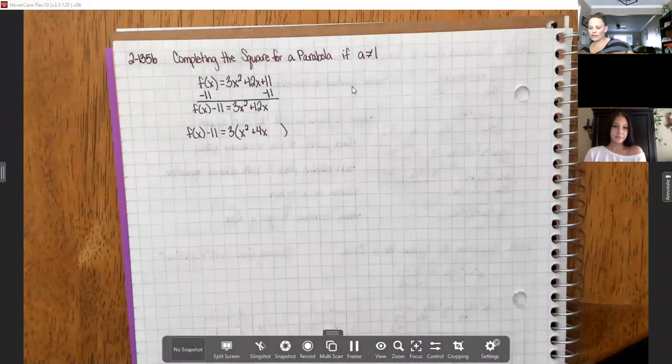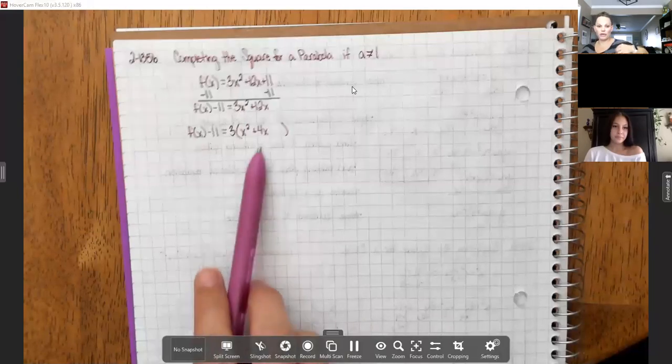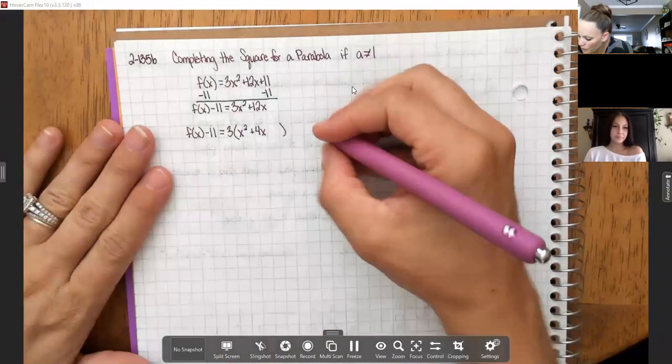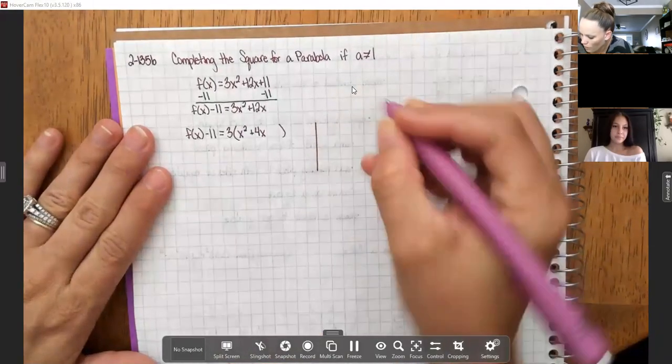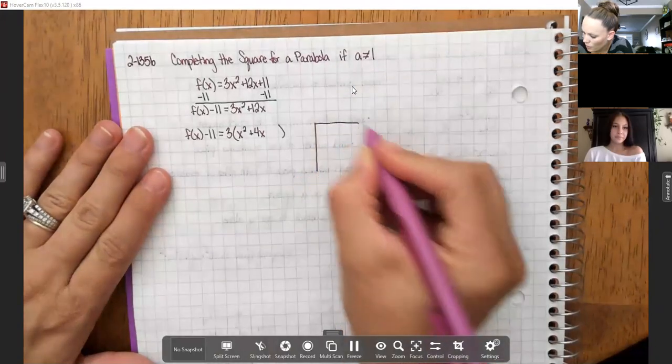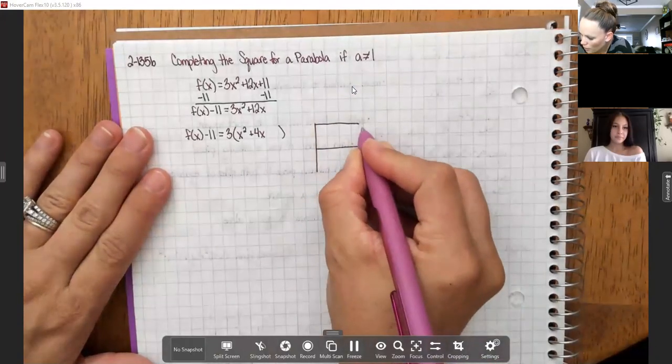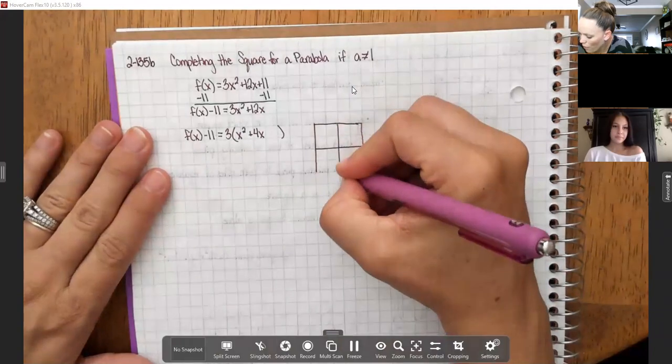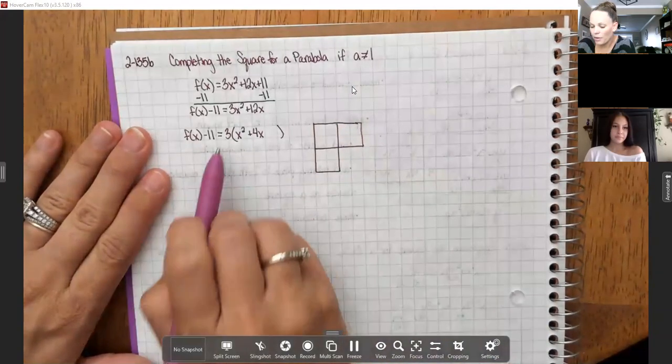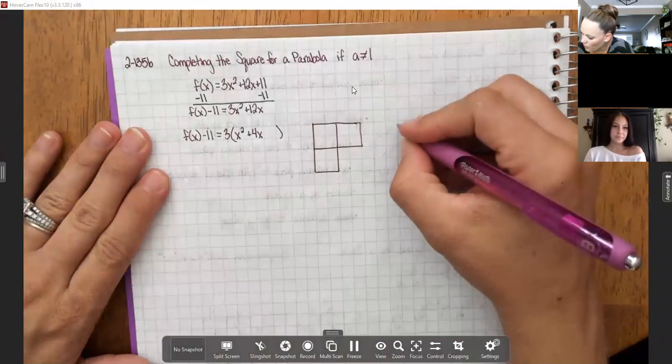Now, if you're looking at the steps from last one, we still want to complete this square here. But because this 3 is in front, we have to do it 3 times.